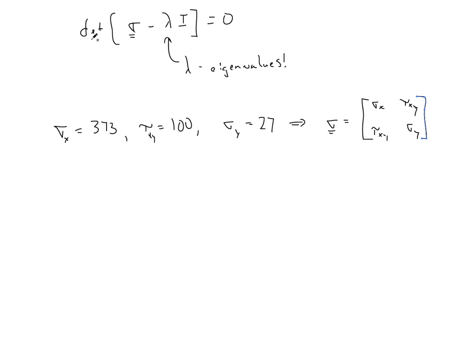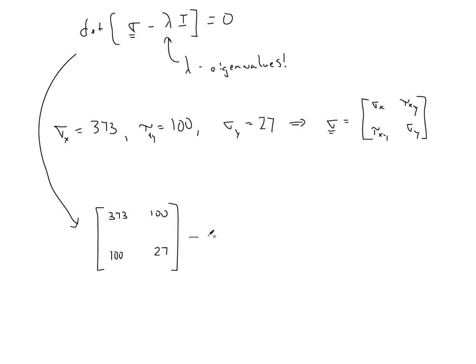All right, so I have this determinant up above. I'm just going to go ahead and do that. So here I have 373, 100. This is all coming from this stress tensor here. 127.